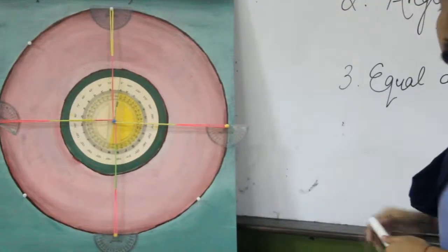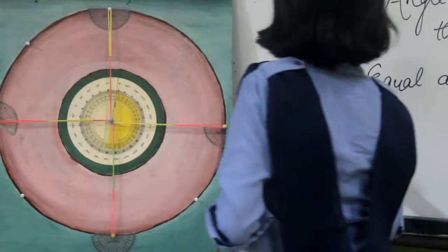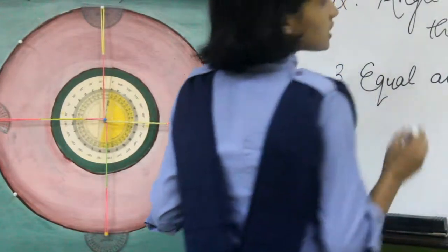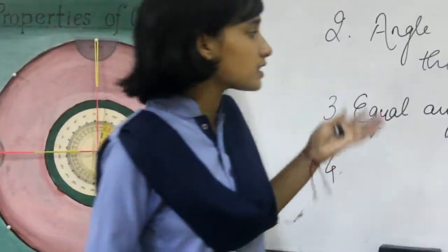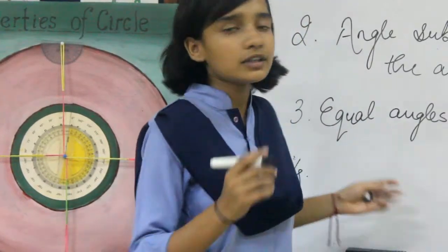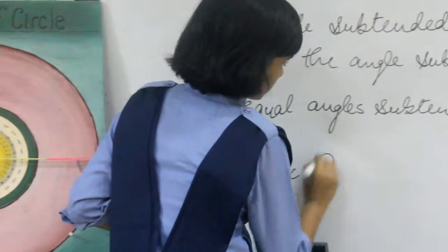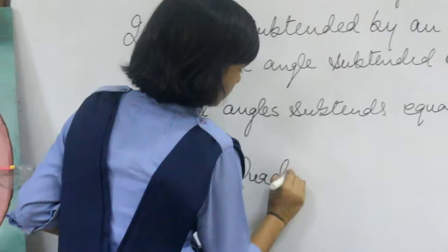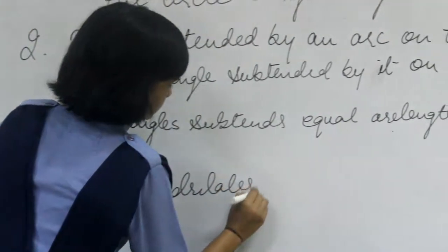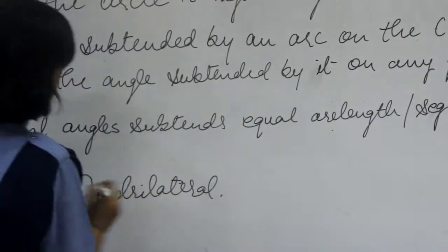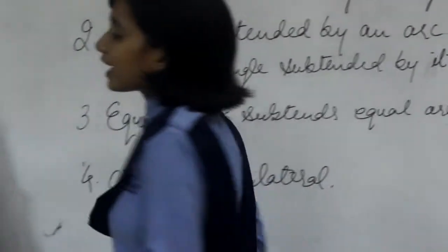Now, the fourth property is the concept behind the sum of the angles of a cyclic quadrilateral. Now, what is a cyclic quadrilateral?